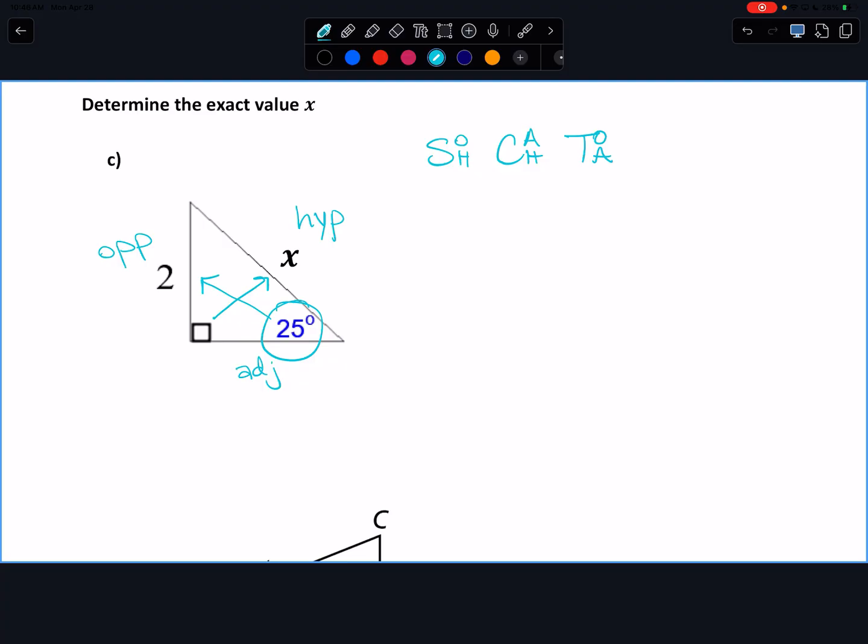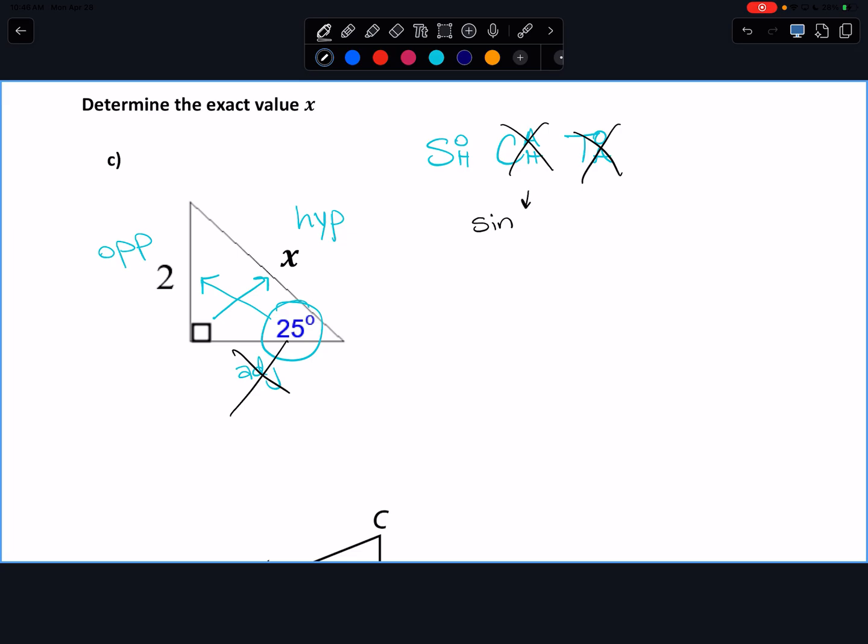That's right. Good job. This is how I taught it when I taught geometry. I said, which side has nothing on it? Adjacent. There's nothing there, right? Opposite has a 2. Hypotenuse has an X. So adjacent has nothing. So over here where I have the A's, I'm just going to mark them out. So obviously I'm using which one? Sine.